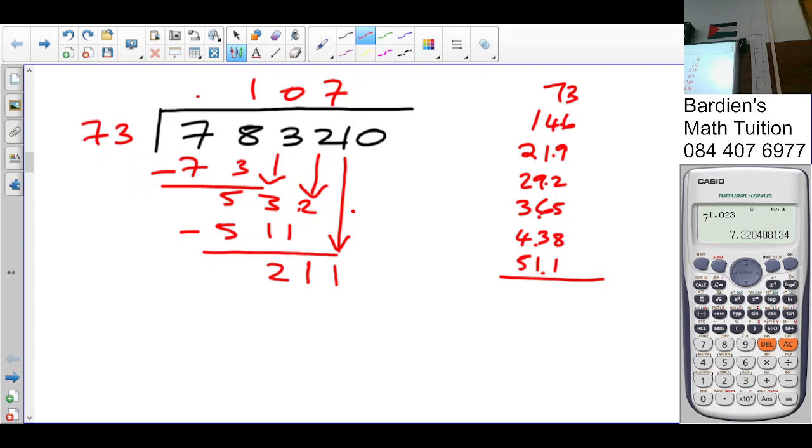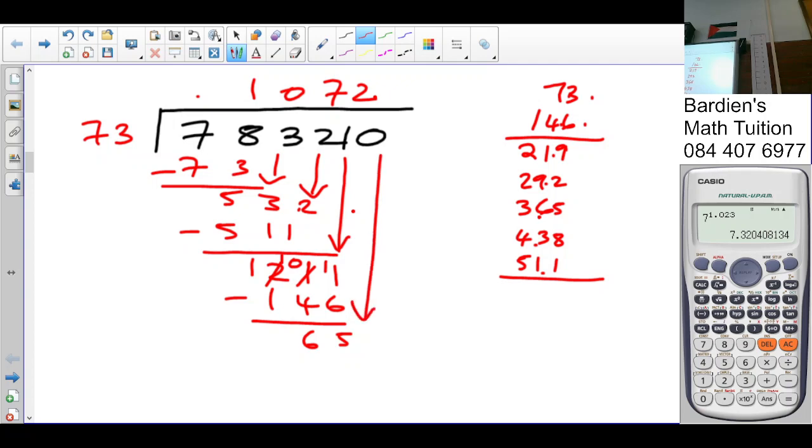73 goes into 211. Twice. Okay, so it's going to be 2. 2 times 73. 1, 4, 6. Subtract, gives 0. Carry 1. That's going to give you 5. Can't. Take away. 10. 65. Carry down the 0. So 73 goes into 650. Now I think I need another one. What is this? 584.